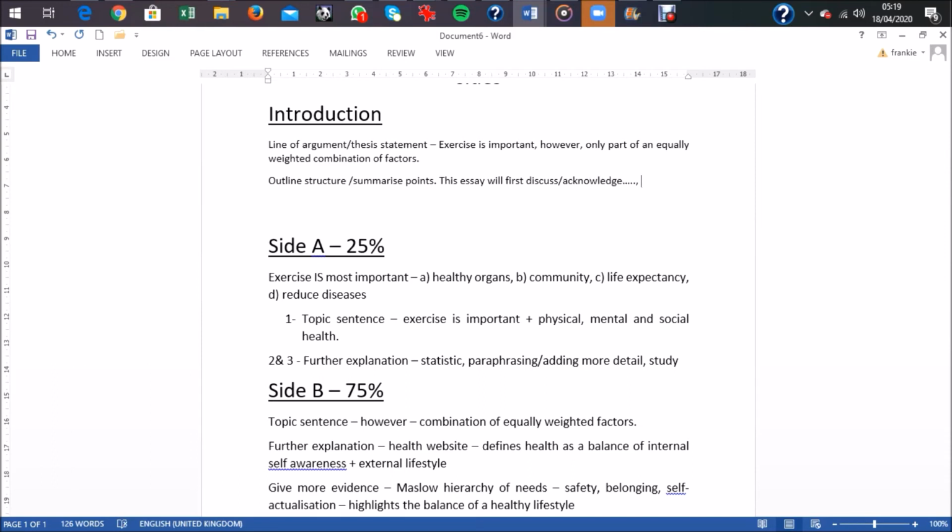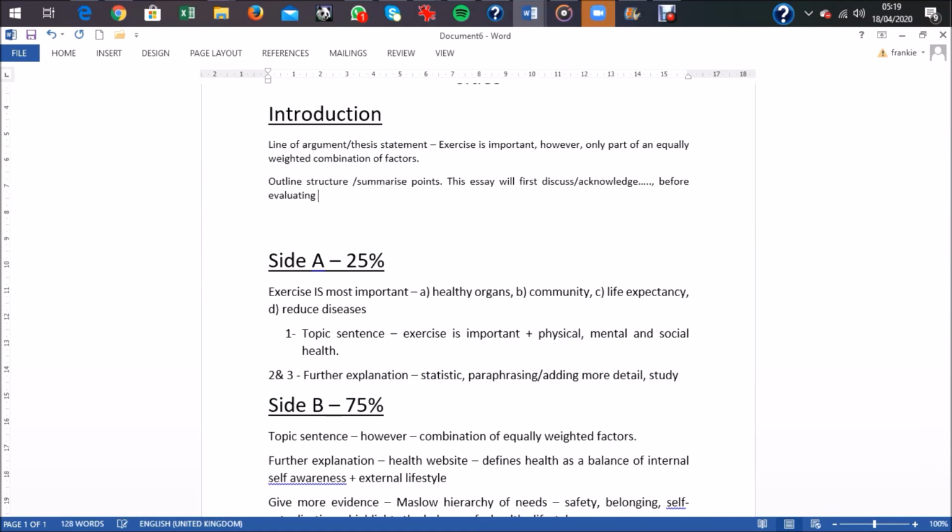And you can keep this introduction fairly short, guys, because if you want, get the bulk of that 250 words coming in side A and side B. So this essay will first acknowledge the positive side of exercise before evaluating maybe how other factors are also important in determining good health.